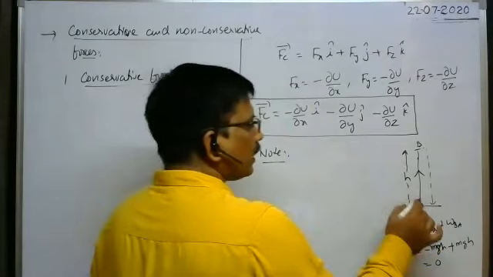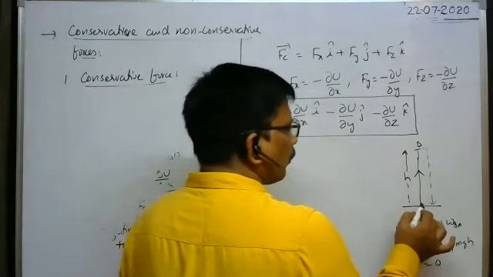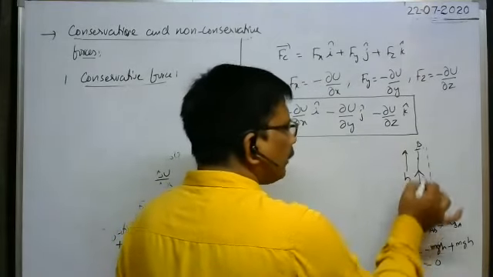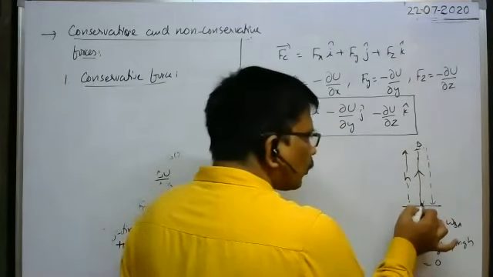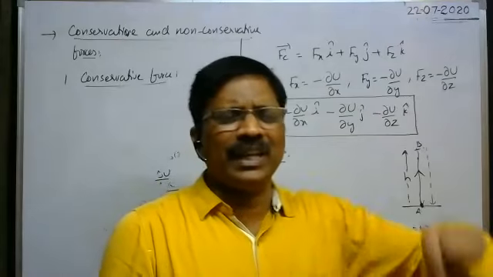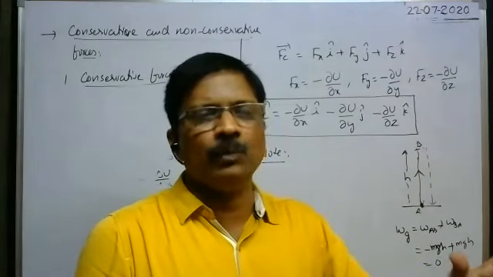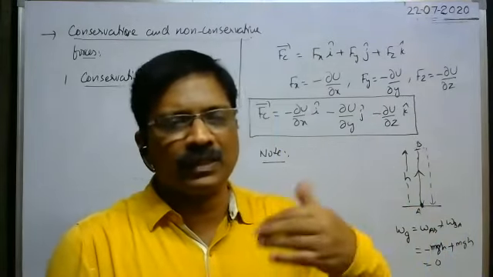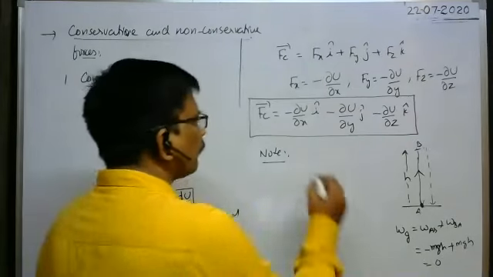That means the work done by the conservative force or gravitational force on a body in travel from A to B and then back to A, that means along the closed path, is 0. That's why work done by any conservative force on a body in moving the body along a closed path is zero. That is a very, very important point.